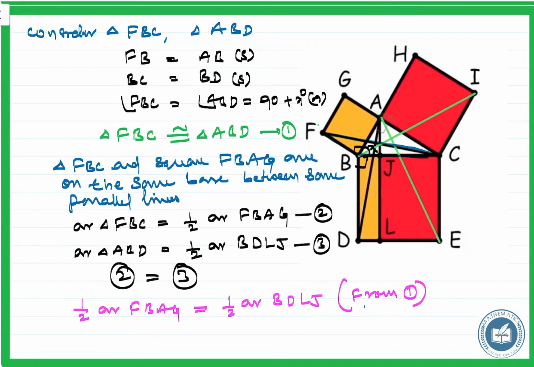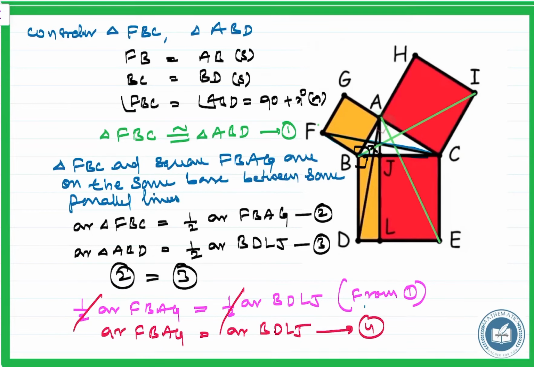Now you can cancel this one and this one. Therefore the area of FBAG is equal to the area of BDLJ. You can take this as the fourth one.